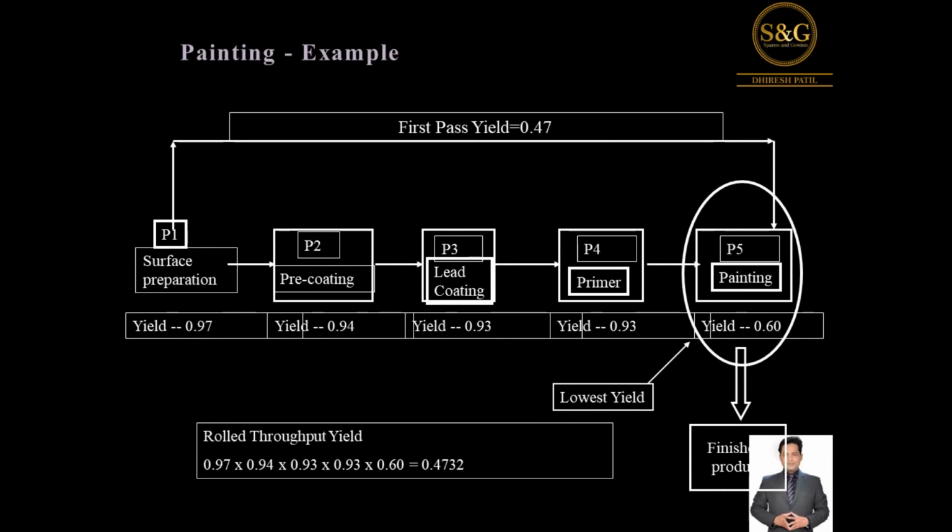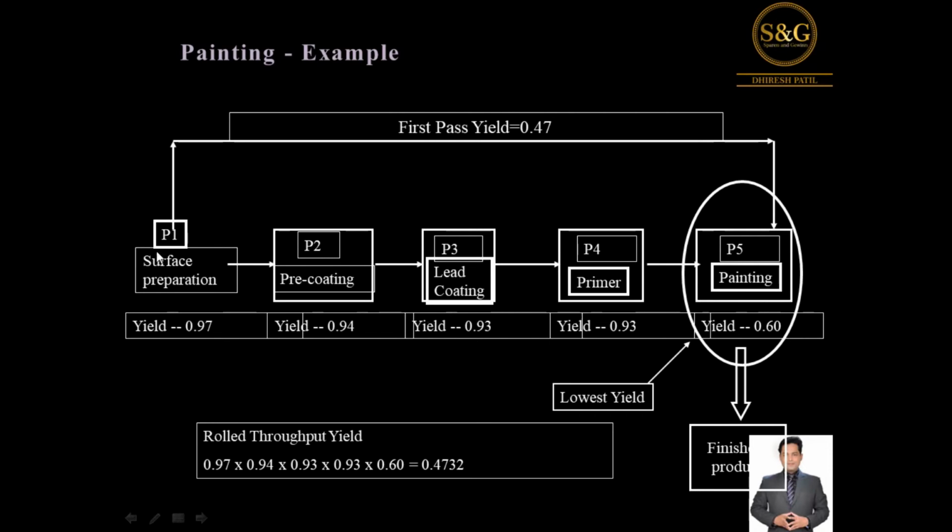Now in this example we have taken a paint shop, a painting process. P1, P2, P3, P4, P5 are various process steps. P1 is surface preparation, P2 is pre-coating, P3 is lead coating, P4 is primer application, and P5 is the final painting process.